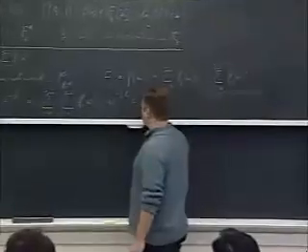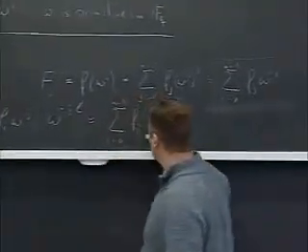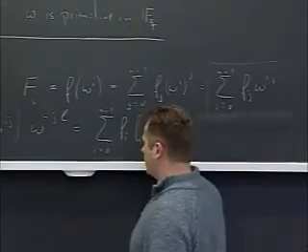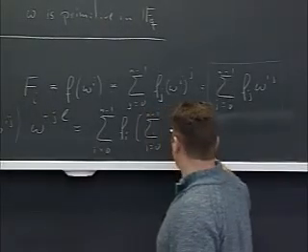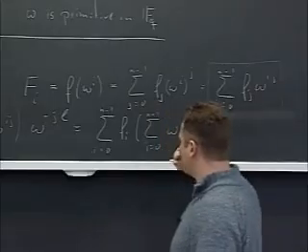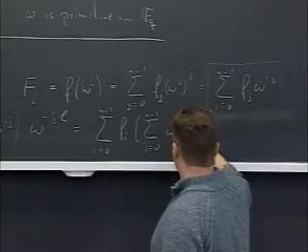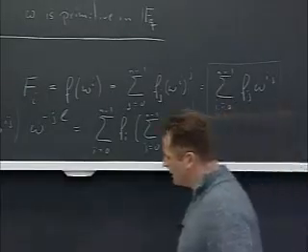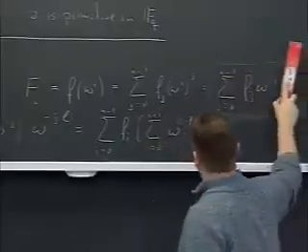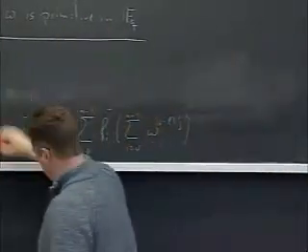So Fi goes out, and then we get omega to the, what do we do? i minus l times j, right? We have this.